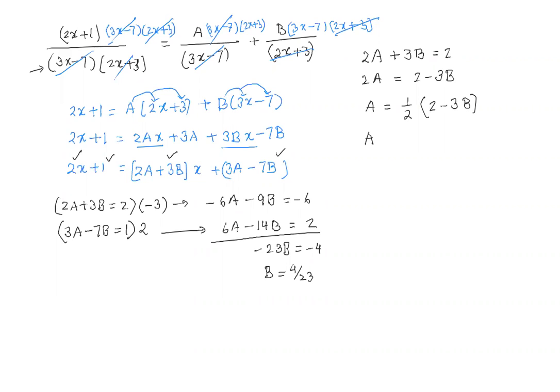So I can go ahead and solve it. 1/2 times 2 minus 3 times B. B is 4 over 23.